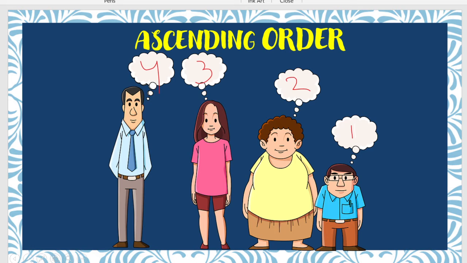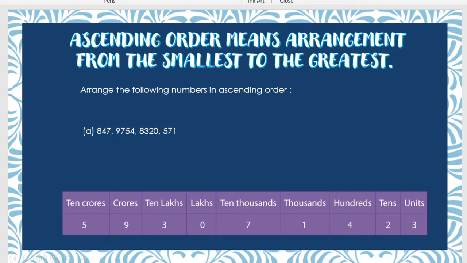Is it correct? Yes, according to the height of the people of the family, it is correct. This is from small to big. This baby, this boy is small. So you can remember ascending as small to big.